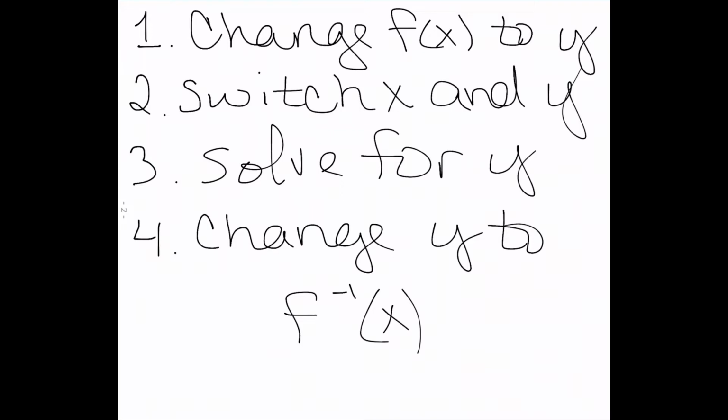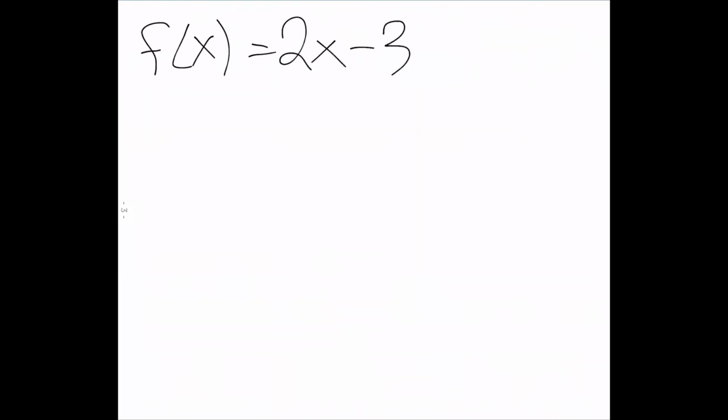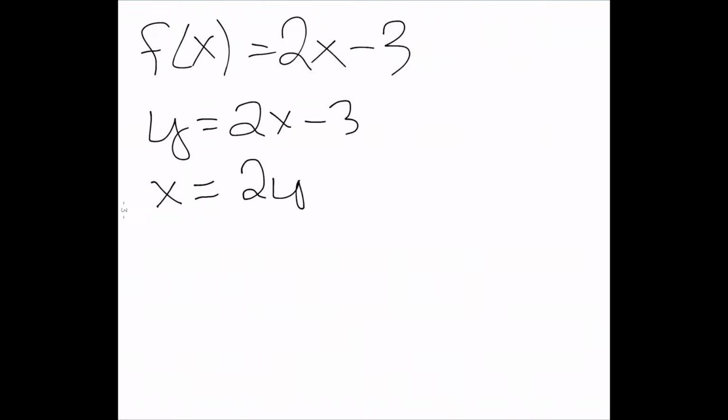So let's do a few examples. Let's consider the equation f of x equal to 2x minus 3. So step 1 says to write y equal to 2x minus 3. Change the f of x to a y. Step 2, switch the x's and y's, so now I have x equal to 2y minus 3. Next, I need to solve for y.